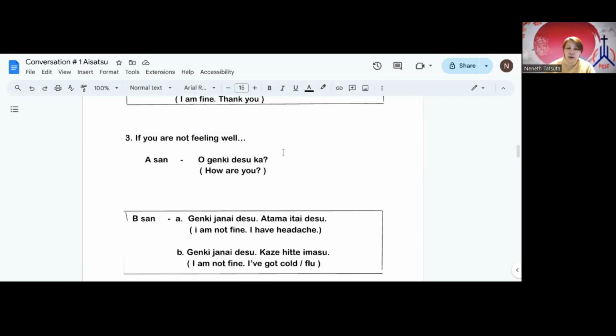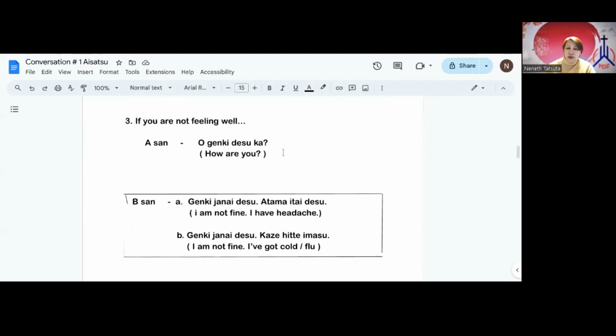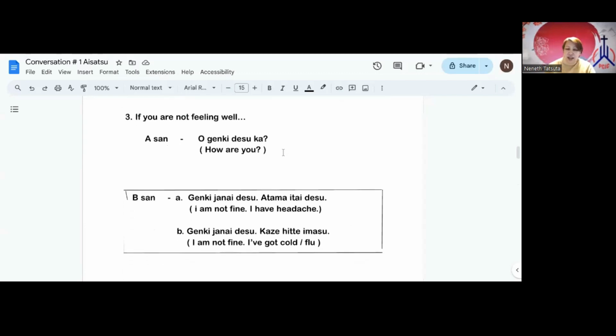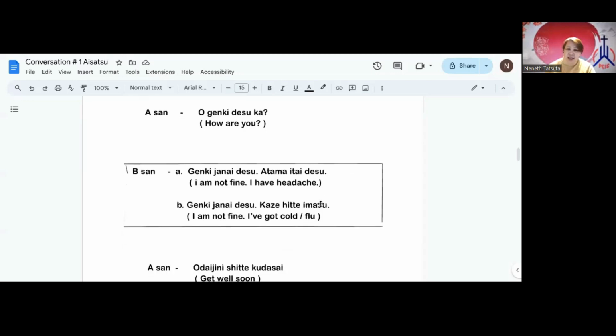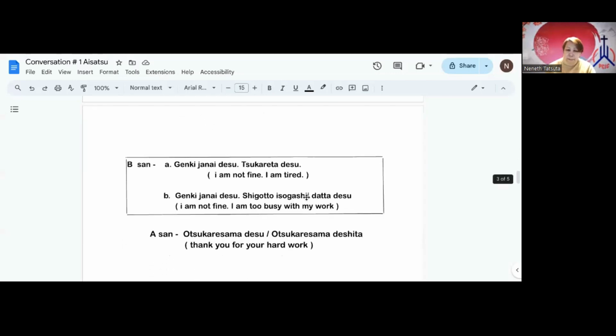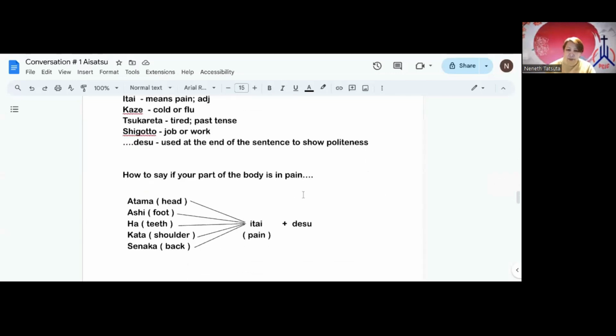So that's how we are going to have this conversation. If you are fine, genki desu. If you are not fine, then you can use these phrases. Genki janai desu. Because I have a headache, atama itai desu. Or, I put it here.